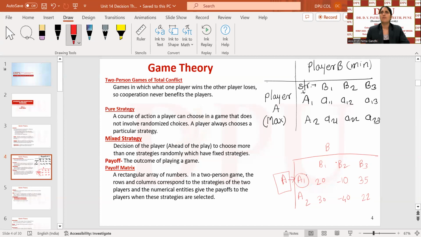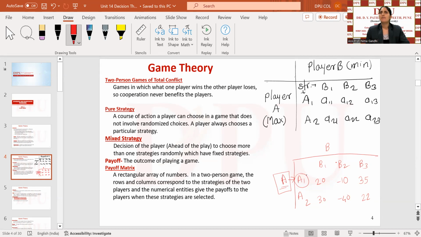They don't know what strategies they are following: A doesn't know what strategy B is following, and B doesn't know what strategy A is following. If B comes up with B1, A is making a profit of 20, and the same amount is the loss for player B.